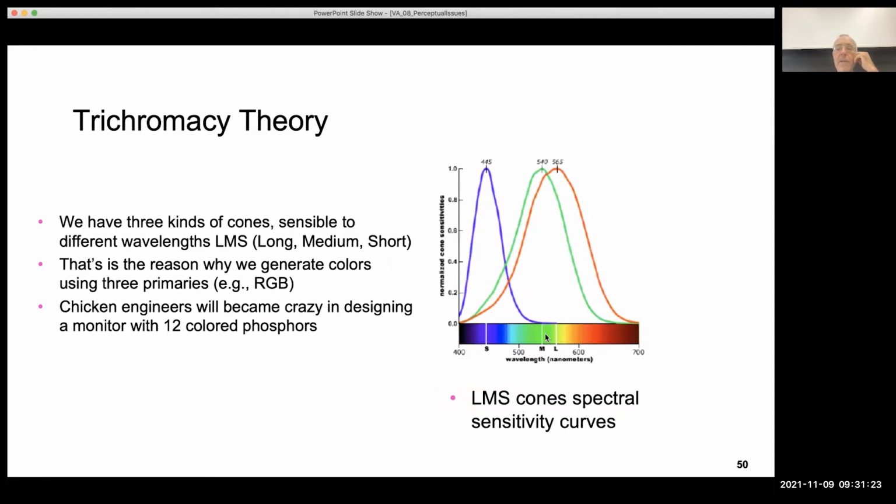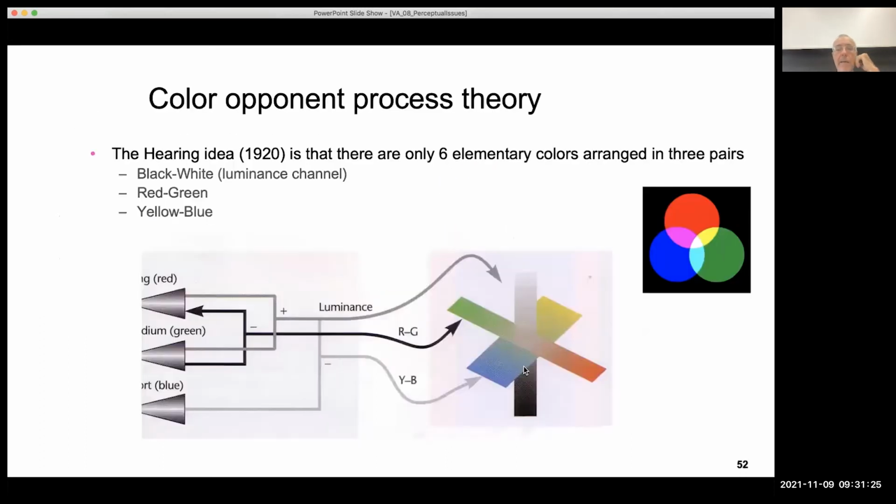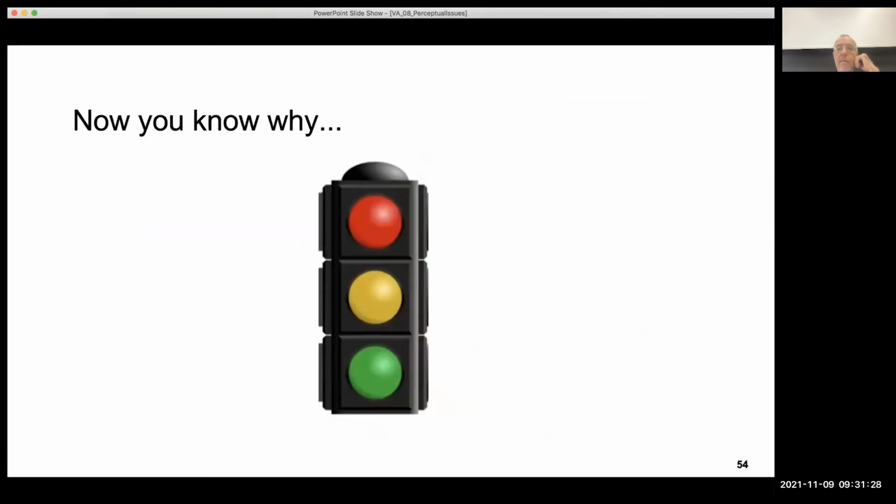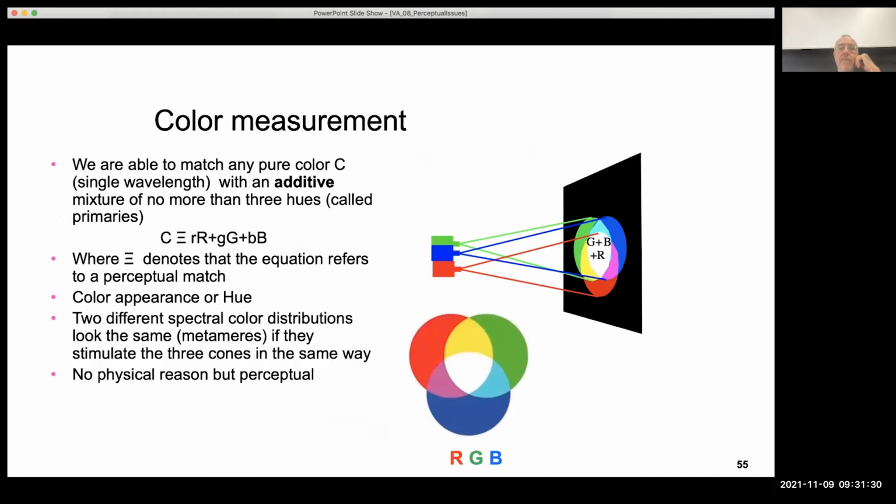But you can produce the same stimulus by combining 3 primaries in a different way. So basically, if you stimulate your 3 cones with a combination of a stimulus for the red, one for the green, and one for the blue, you come up with a color appearance that is totally not physical, but only perceptual.